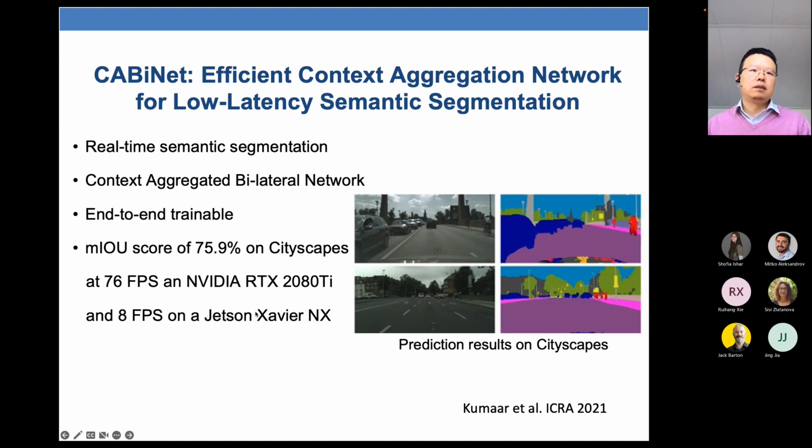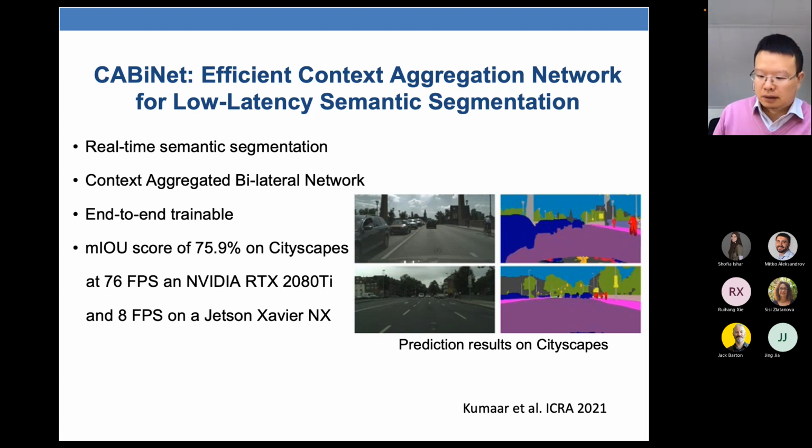On a very efficient GPU, the Jetson NX, it's much smaller, and you're getting about 8 frames per second. If you really want deployment in real time, you might need up to 15 or 20 frames per second. So there's still some space to push.